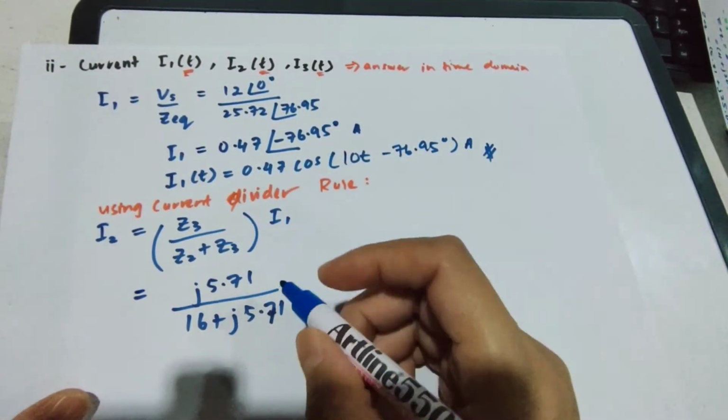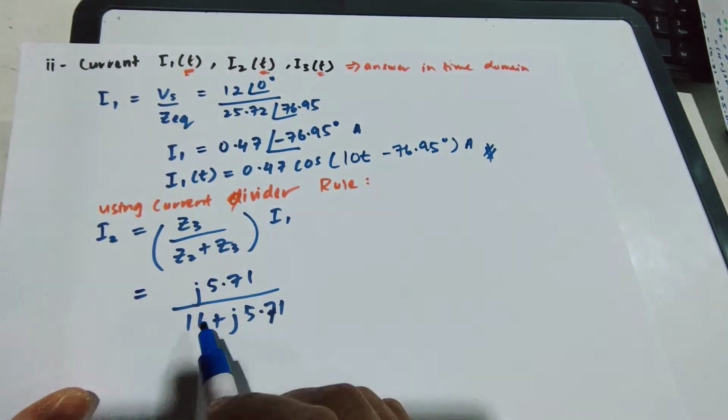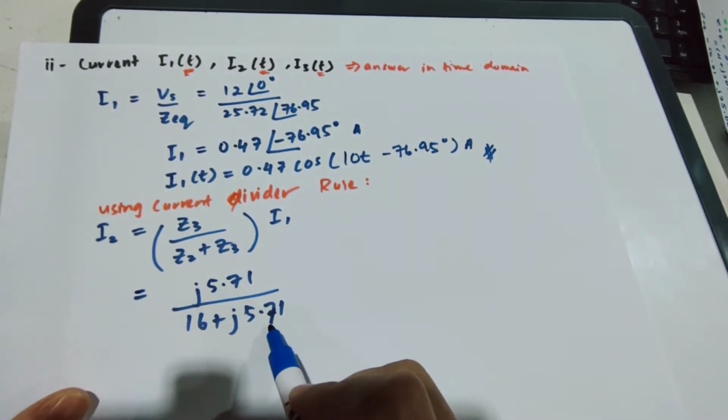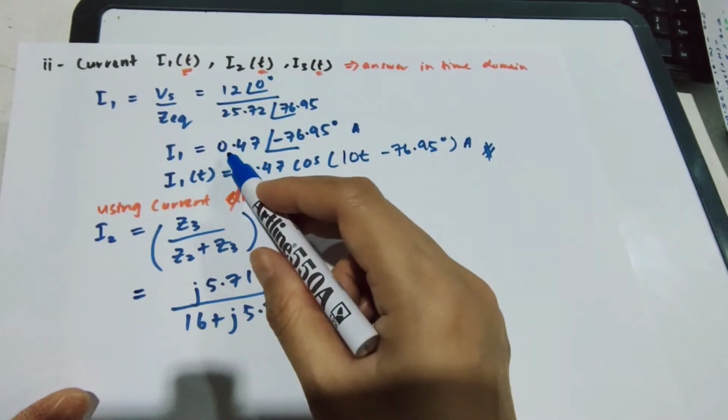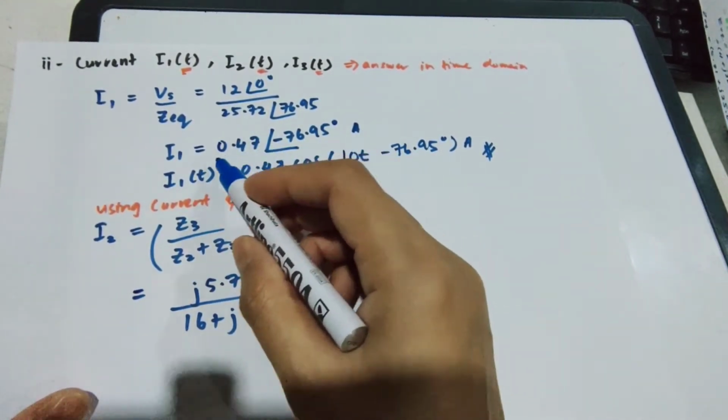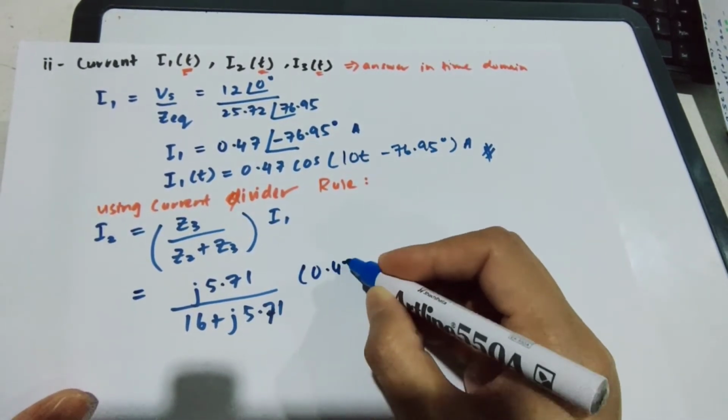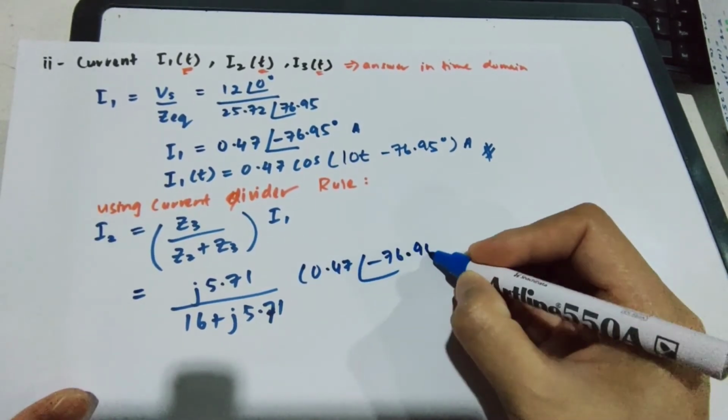Okay, continuing. Z3 divided by 16 plus j5.71, and I1, which we obtained just now. We use the phasor form, so it's easier: negative 76.95.